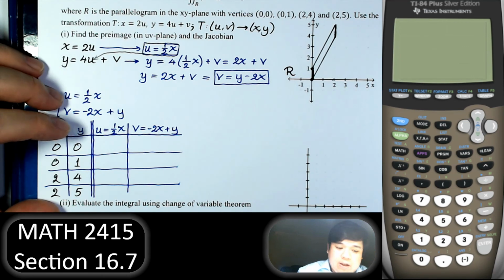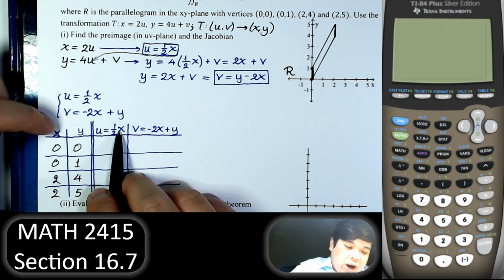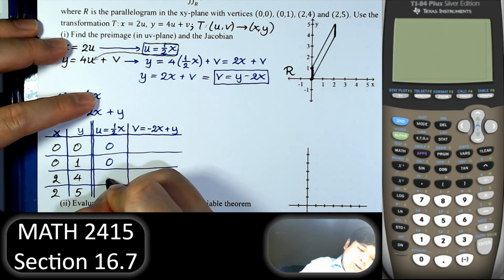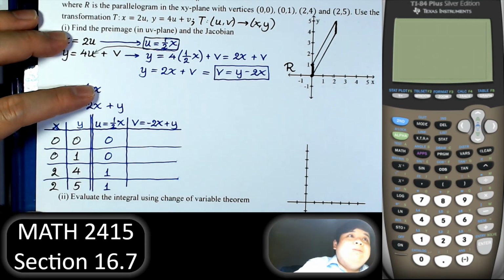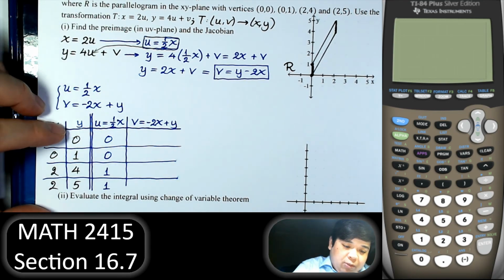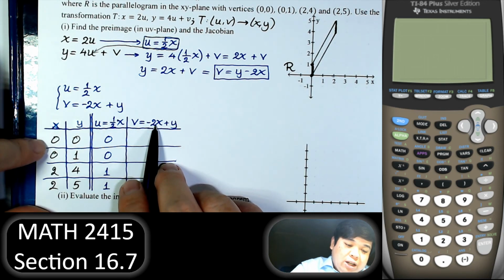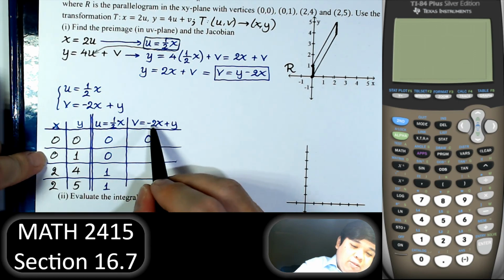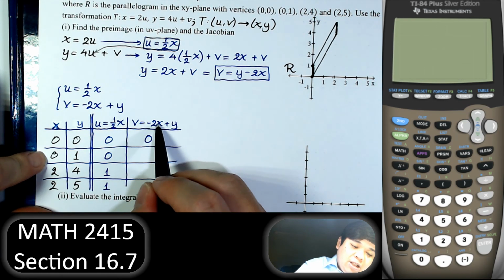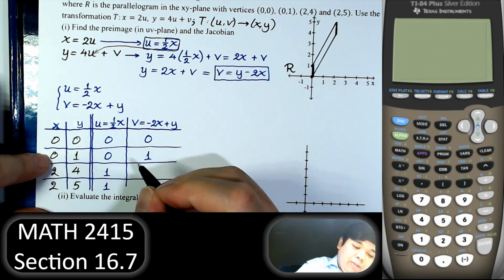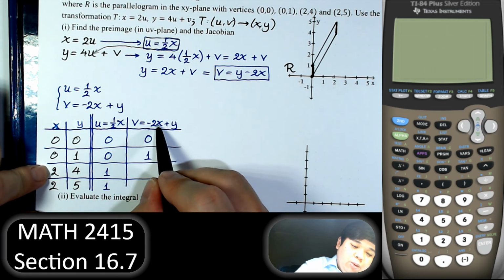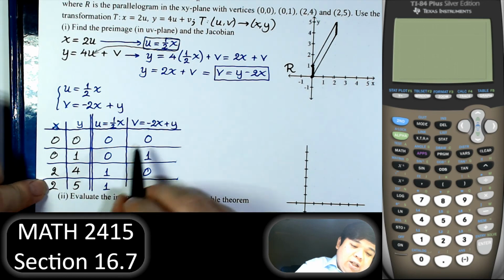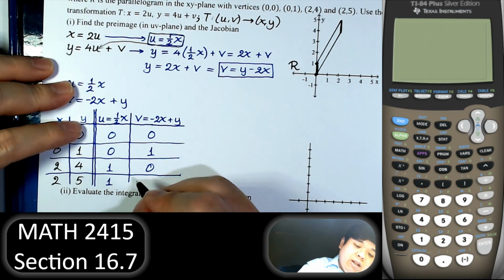Now, u is 1/2 x, so I cut x in half, so we have 0, 0, 1, and 1. That's easy. Now, v is equal to negative 2x plus y, so we still have 0 here. Negative 2 times 2 plus 4, so that's 0. And 2 and 5 make it 1.